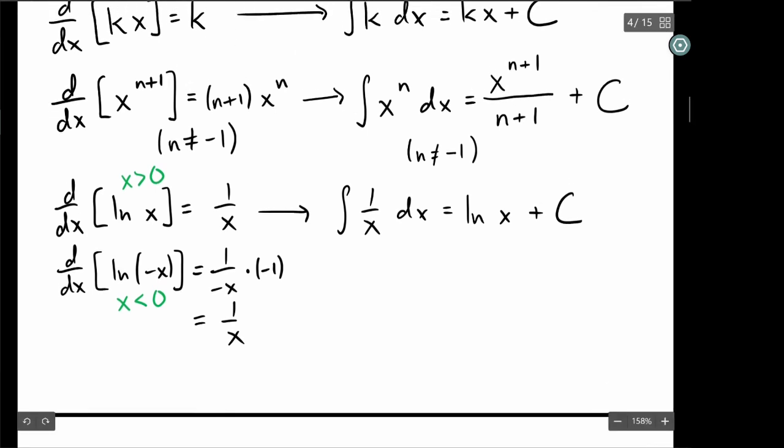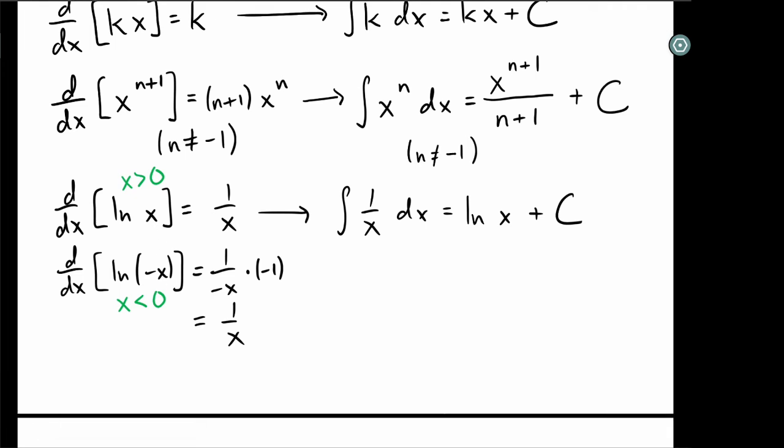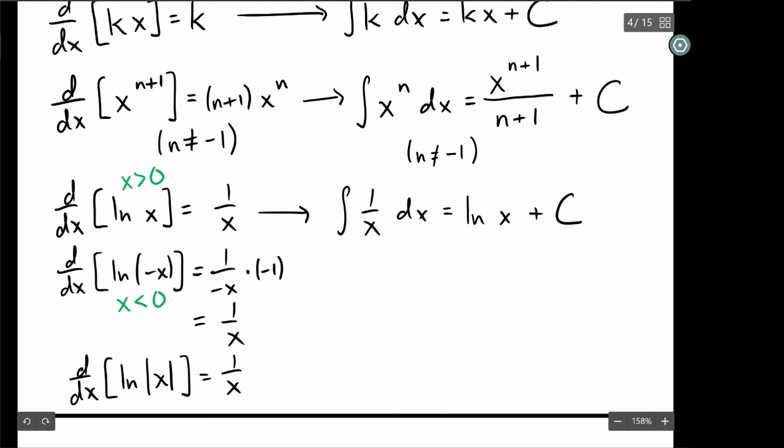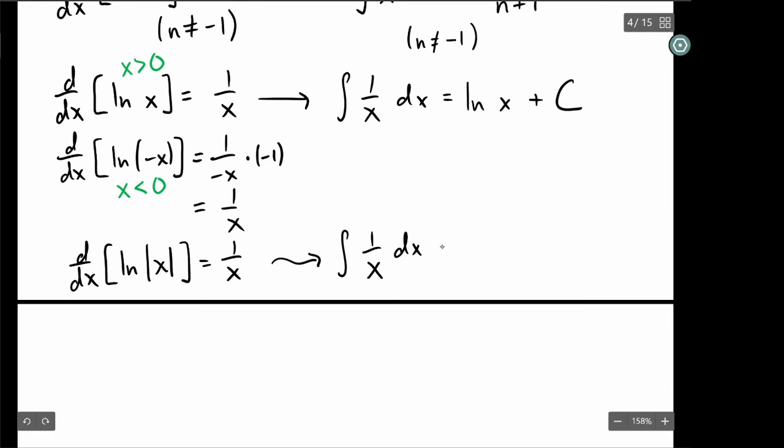The neat thing is we can take this a step further. Since the derivative of ln x and ln of minus x are the exact same, we can actually say that the derivative of ln of absolute value of x is also 1 over x. And so that leads us to the more general answer. The most general antiderivative we could write down is ln absolute value of x plus c.